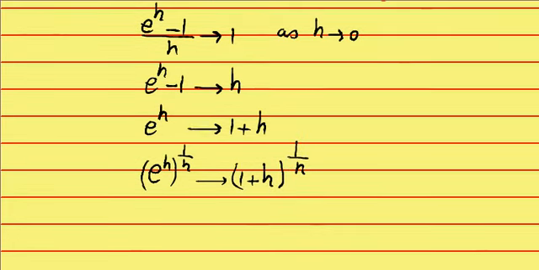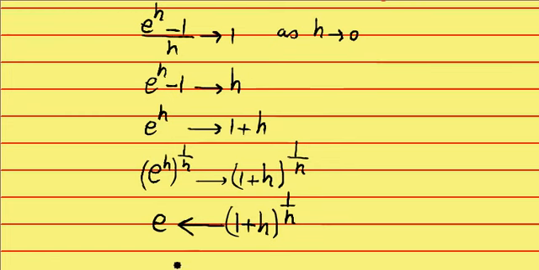Why am I doing this? I'm just removing all the clutter from around e and moving it all to the other side. So by now, all the h has moved to the other side, and I have 1 plus h to the power of 1 over h, and here is just an e. As h goes to 0, this expression is your variable expression, and it's going to approach e.